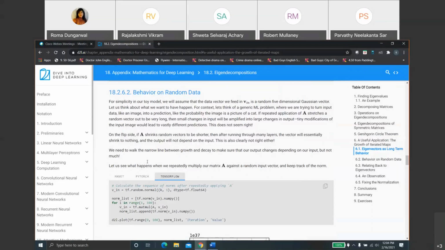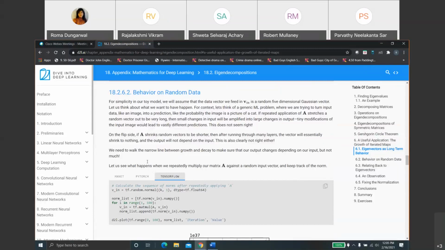Think of changing a couple of pixel values in a t-shirt image, and instead of the predictor predicting a t-shirt, just because of minute changes in the pixel values, it gives you a false prediction of a trouser maybe. That is how A stretching the vector too long will affect your prediction. If A shrinks the vector, then no matter what your input is, your output will be some random value. The output will not depend on the input.